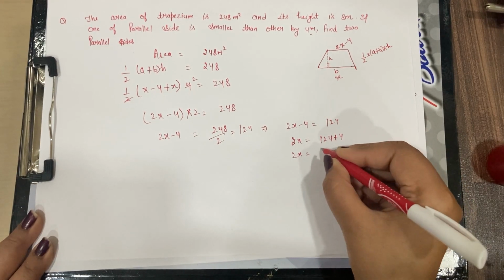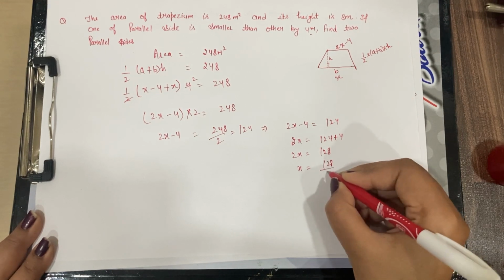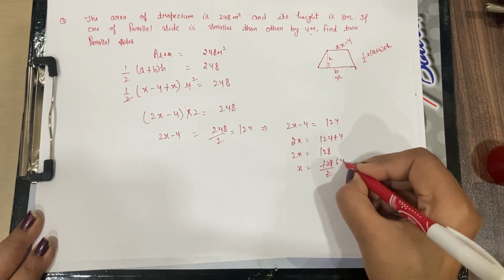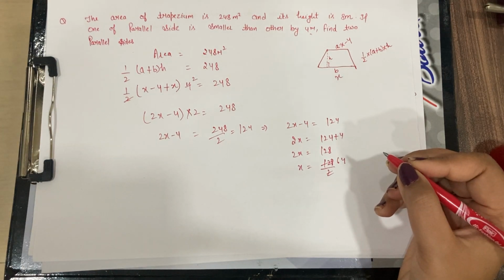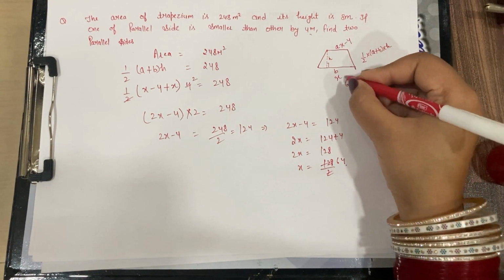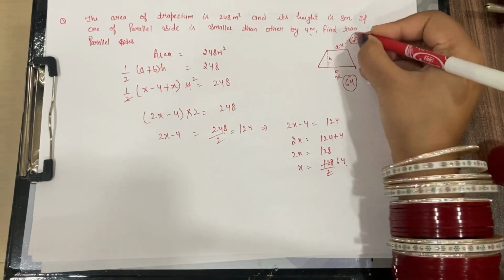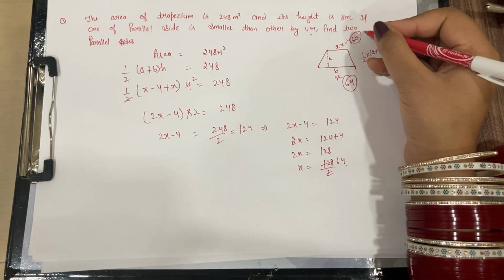That is 128. Now 2 is again in multiplication, send it to division. So x is 64. Because x is 64, the other will be 60. One is 64, another will be 60.